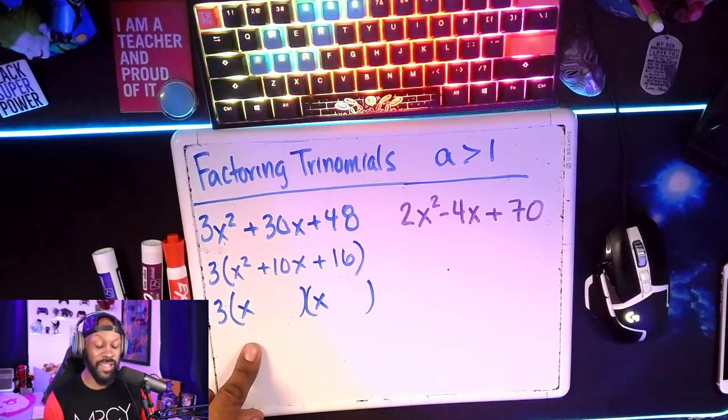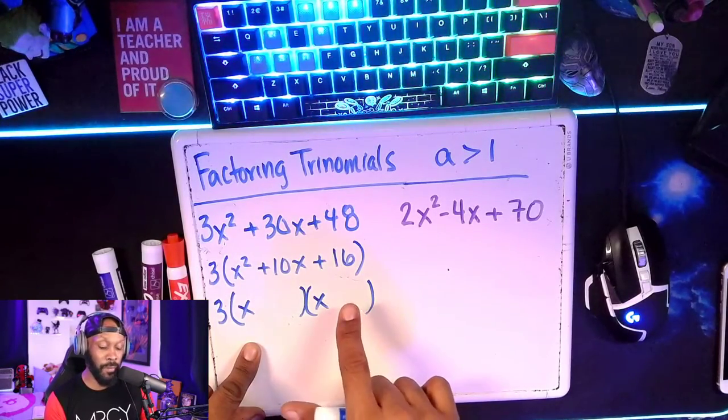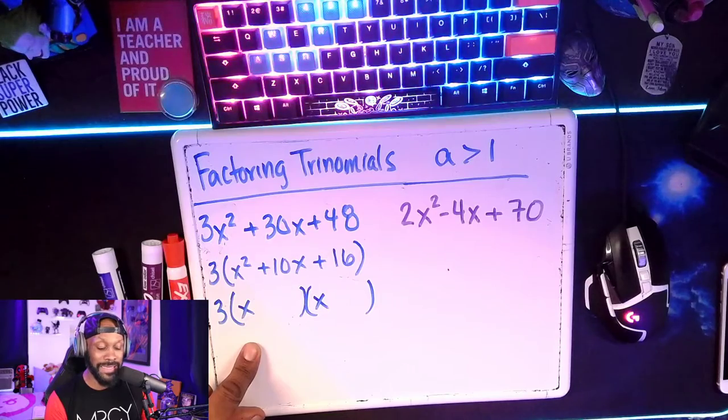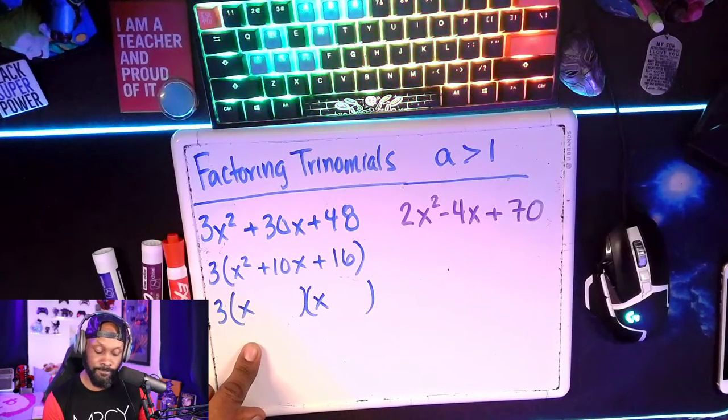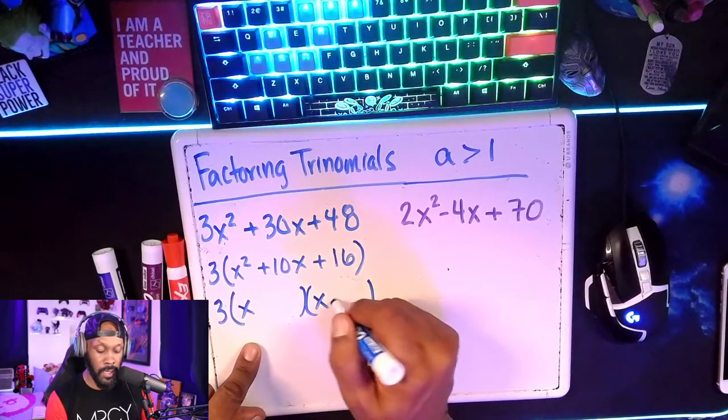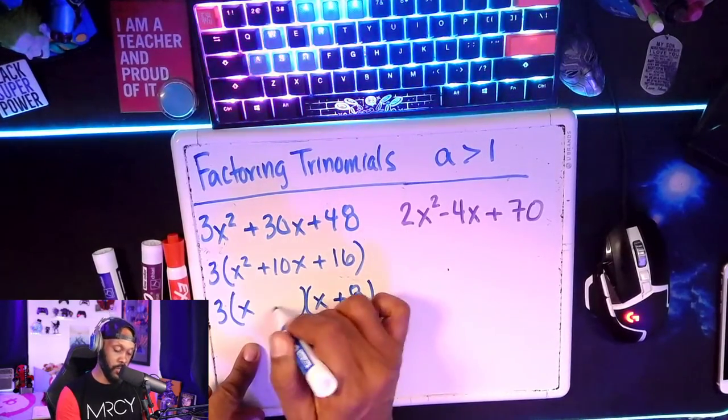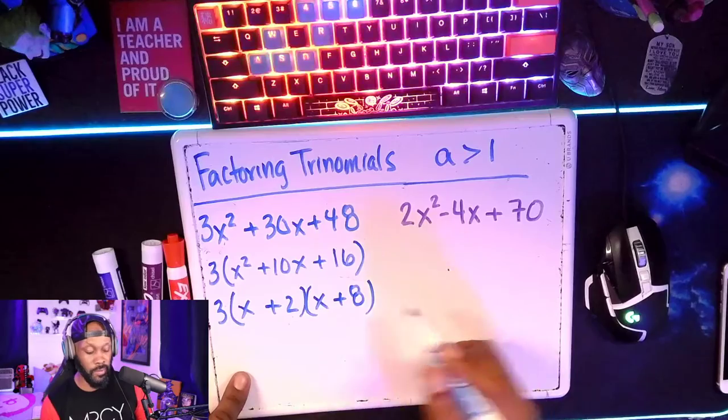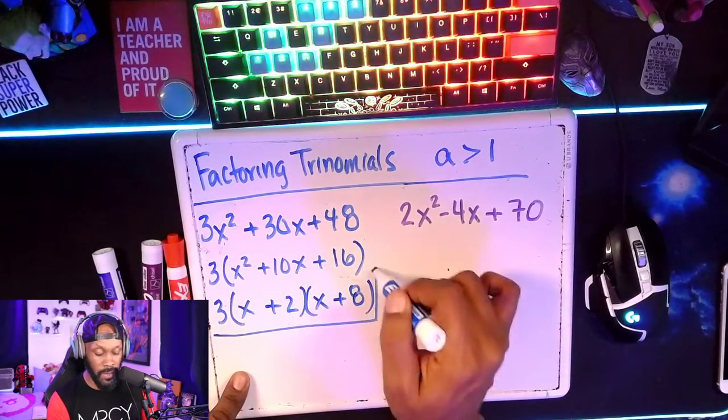And then factors of 16 that when I multiply them together, I get 16, but when I add them together, I get 10. What are you thinking? I'm going to go with 8 and 2. Hopefully you did the same. And then that would be our final answer.